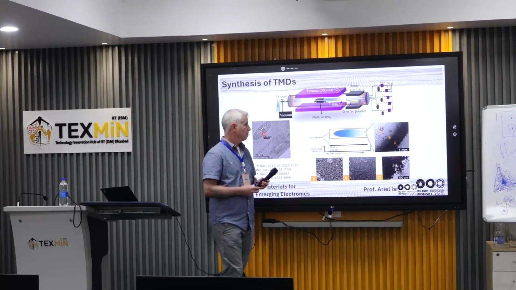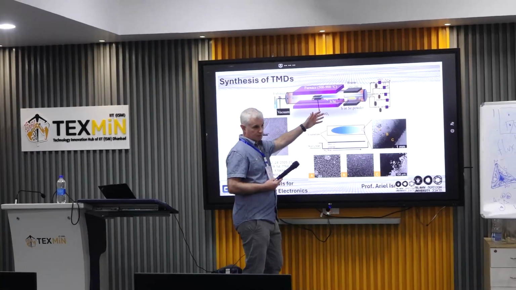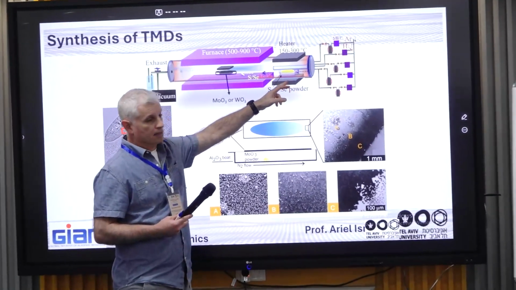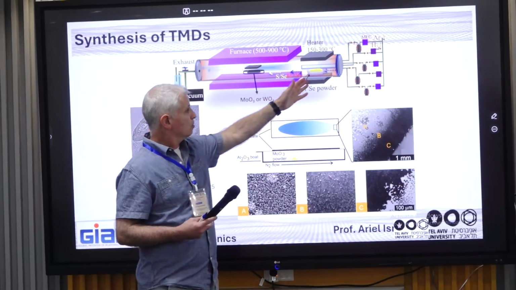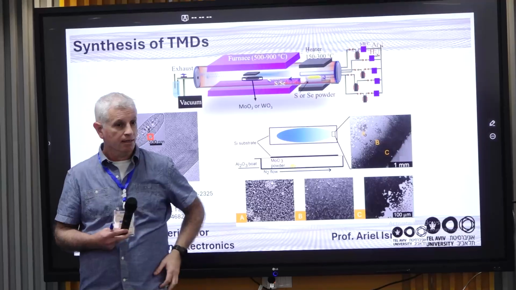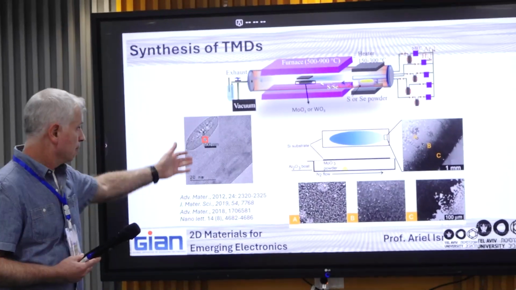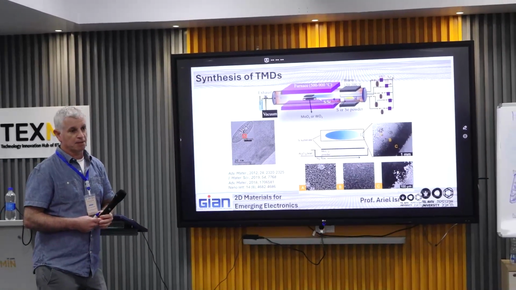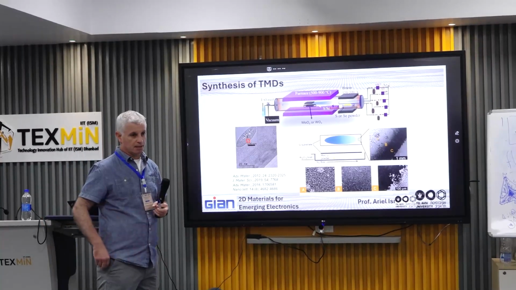Here you can use a two-zone furnace in order to heat the hydrogen and the metal separately. We do it with two different heating systems, but you can do it with only one. Basically, you have two heating areas and temperatures. So this is something that is done all the time with experience.